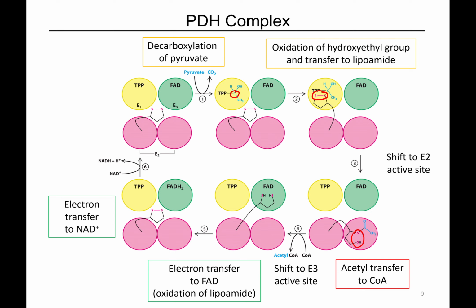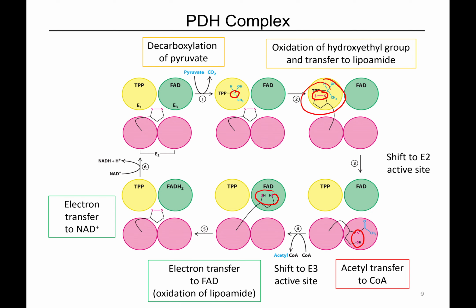One of our products is now made. What we have now is our lipoic acid that needs to be regenerated, right? We have lipoic acid holding on to 2 extra electrons, but we need to reoxidize it so that it can function as it needs to up here.